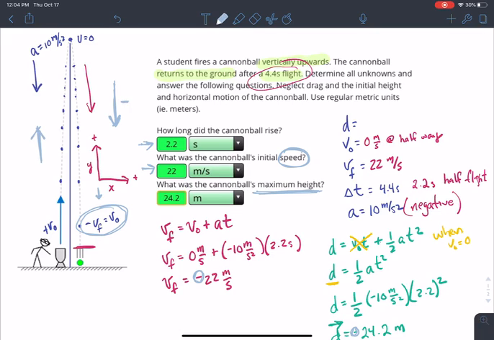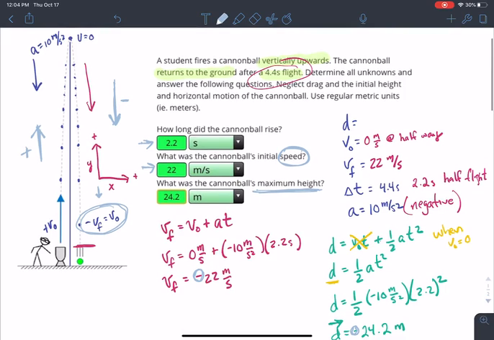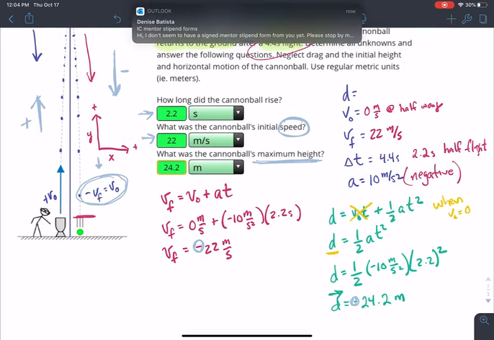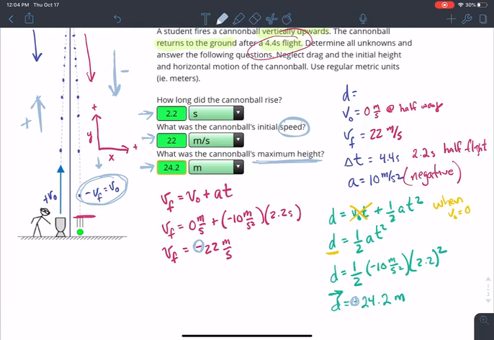So this is negative stuff, which means this was positive stuff. From the top of the parabola down, it went negative 24.2 meters, which means when it launched, it went a positive 24.2 meters, which we see here. Include your units of measurement, and I hope that helped.